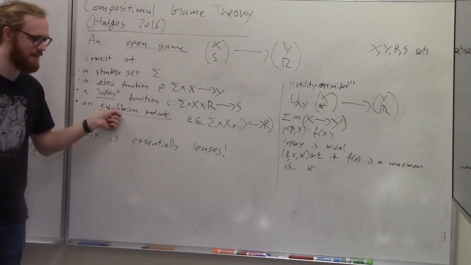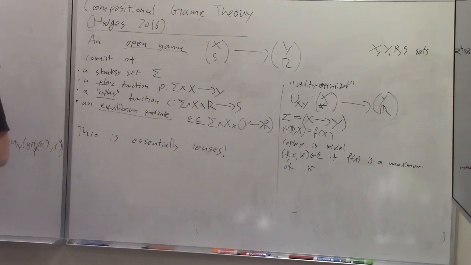Yeah, again, this is a word from economics that Jules chose, and maybe the economists should have chosen a different one. I think it just follows from game theory. This is what game theorists call it. Yeah, probably Nash came up with this word.